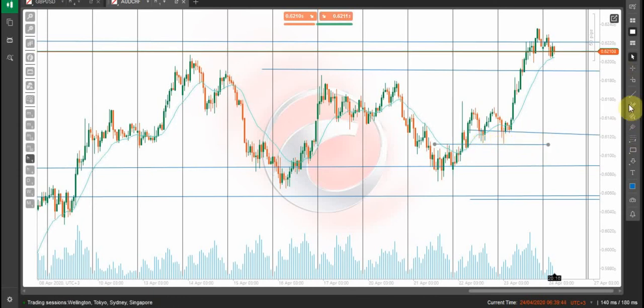Right here, it turned into support. So if you are in 1-hour, supposedly you could have entered in this area. Enter, then stop loss right here.